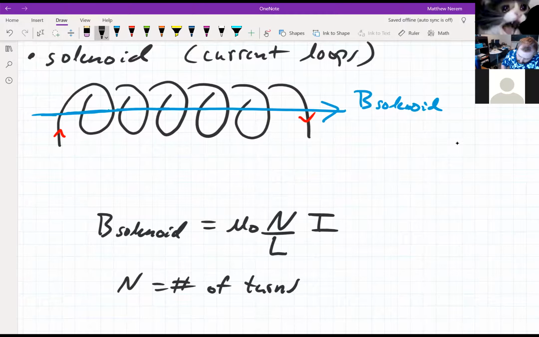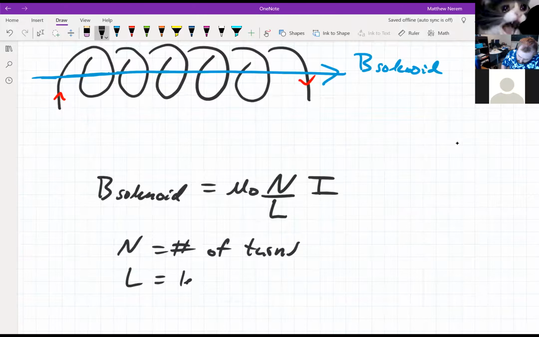N is the number of turns, L equals length of solenoid.